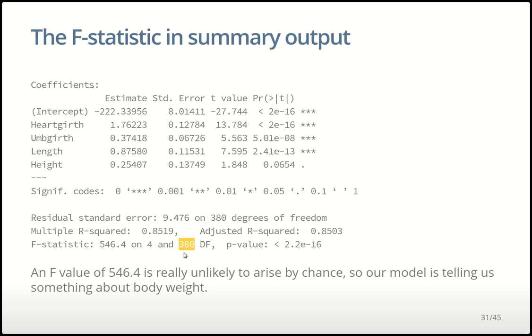You don't have to know any of that. And then there's a bunch of maths that links these three numbers together and gives you the p-value, right? So all we have to look for is the p-value, and we see the p-value is super tiny, right? So our conclusion would be that the relationship that we see from the model in our sample is super unlikely to have arisen by chance. Therefore, something in our model is describing body weight, okay? Which in this case is common sense, right?